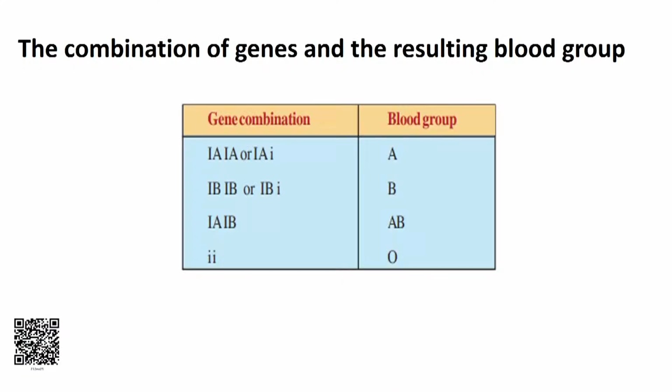So, combination of the genes and the resulting DNA, as we have discussed, IA, IB, i and dominance pattern is IA and IB are co-dominant and small i is recessive.